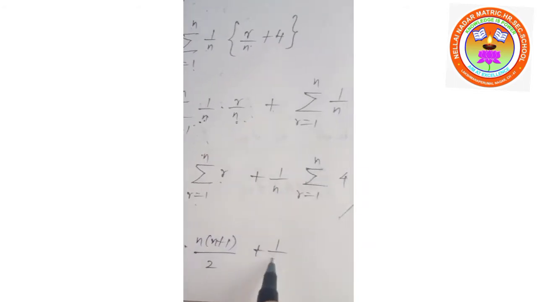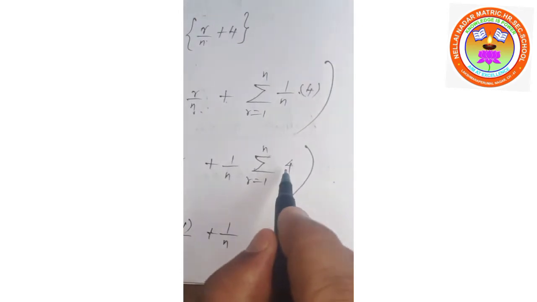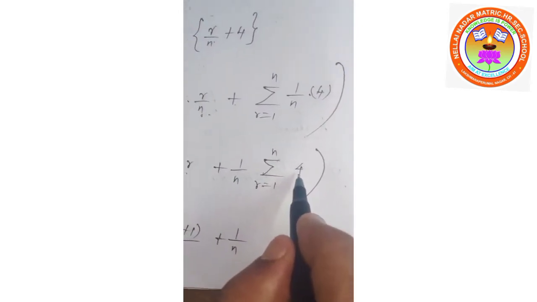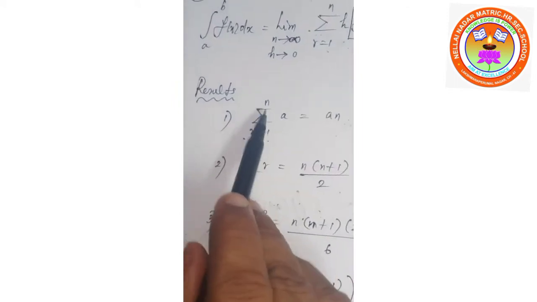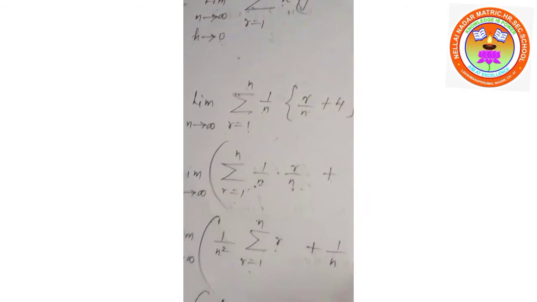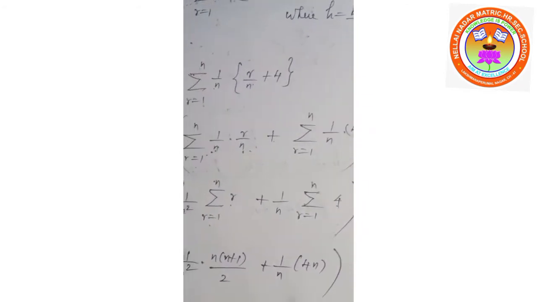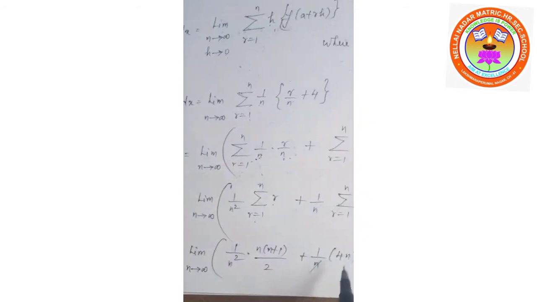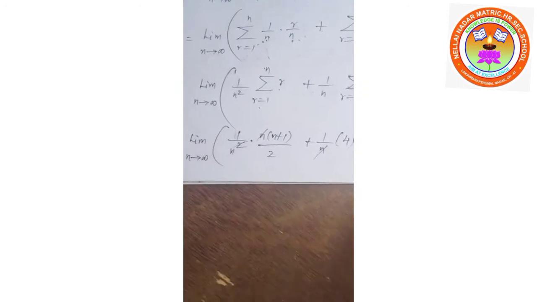Then 1 by n as it is, sigma r equals 1 to n 4. 4 is a constant. It should be treated as a. So result number 1: sigma r equals 1 to n a is equal to an. Here what is the value of a? 4. So you write 4n. One n gets cancelled.